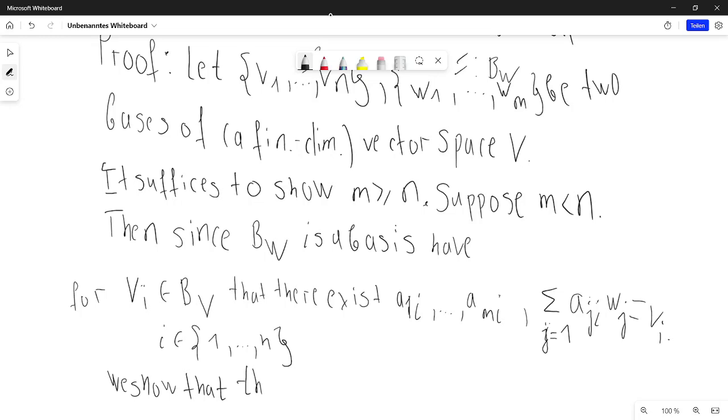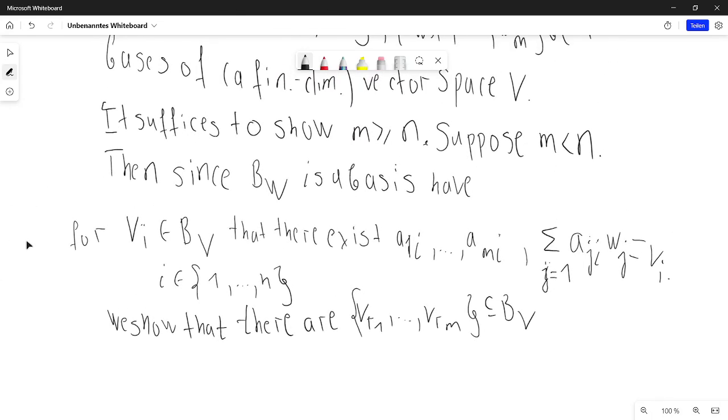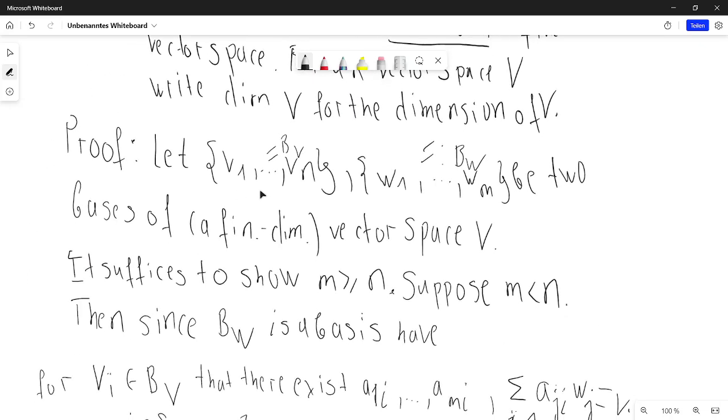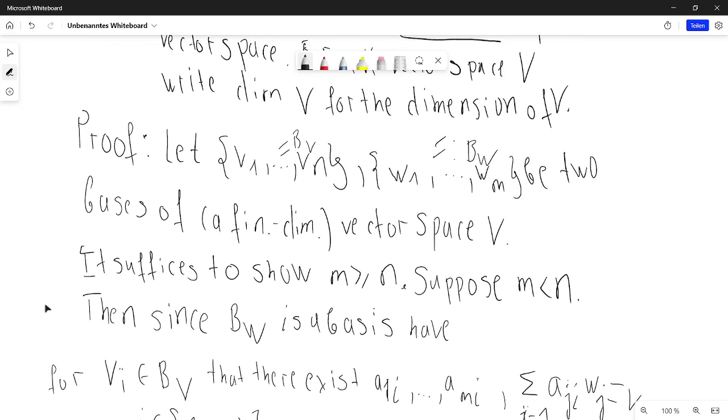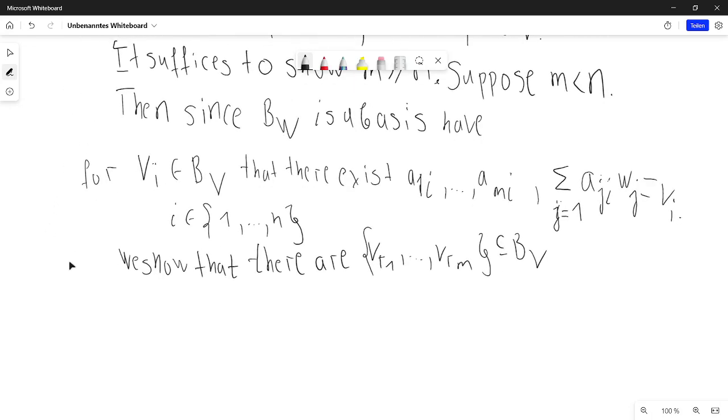Okay, we'll do it easy here. The r1, the rm subset of BV. So you see, that's exactly m of them, but I don't know with what indices, so that's why I have to keep these indices general, but they are m in number, right?